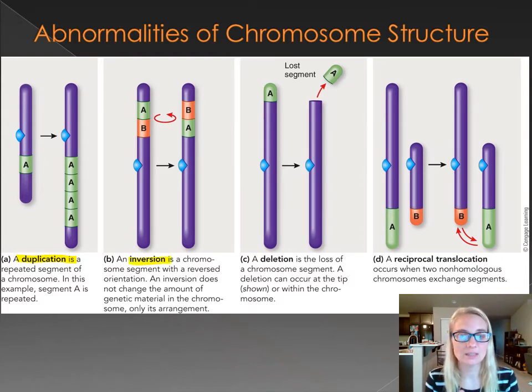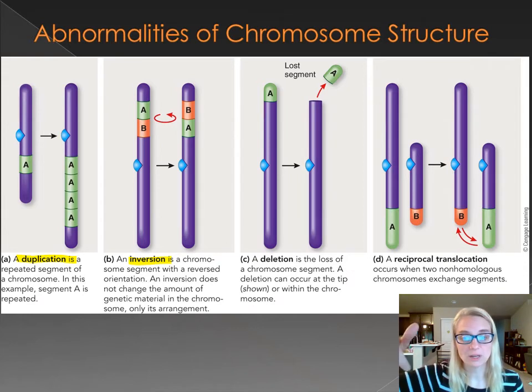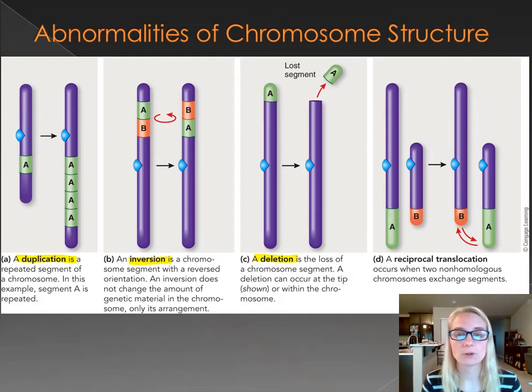As the DNA is replicating or maybe during crossing over, the loci, the gene locations, get inverted and rearranged. Sometimes you might get a deletion, where part of the chromosome is lost. Again, that could happen during recombination in prophase 1 or DNA replication. There was an error and a chunk of the chromosome is missing.